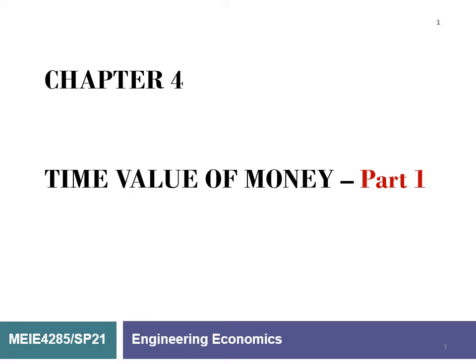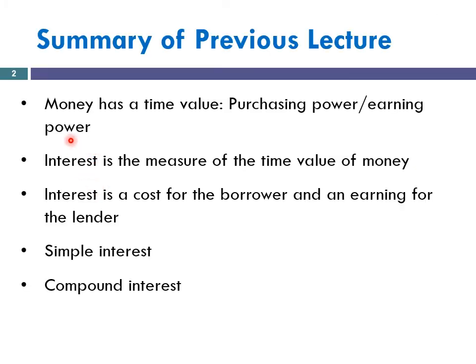So let's get started. What we have learned until now is that money has a time value, and this time value is due to two facts. One is the change in its purchasing power. Today, the money that you have has a purchasing power that you can measure in terms of the items, goods, or services that you can buy with that money.